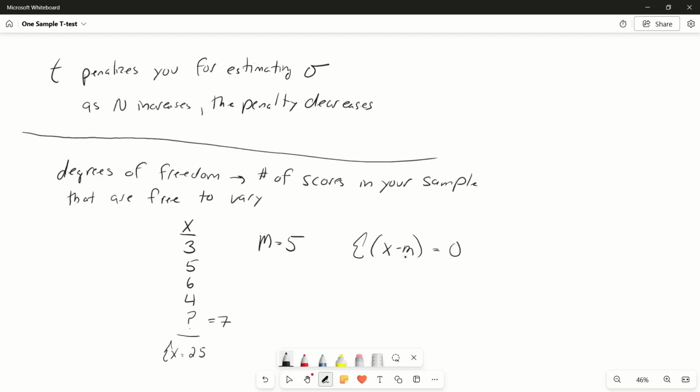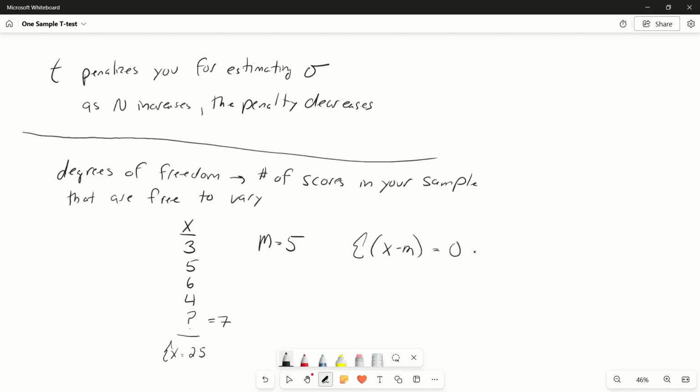These are the deviation scores about the mean. Their sum always is 0, so the last score in your sample is always going to be fixed. It cannot just take on any value. It's going to take on a value that makes this equal to 0. So that's what we mean by degrees of freedom in a simplistic term.